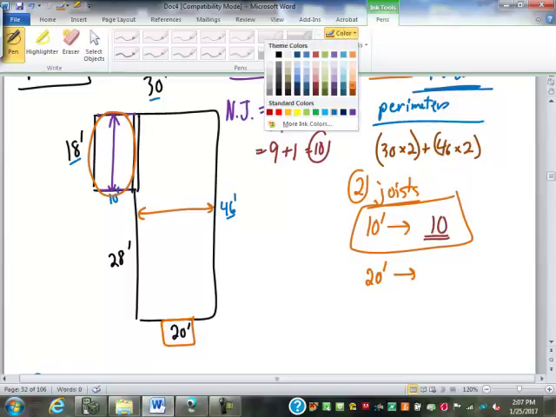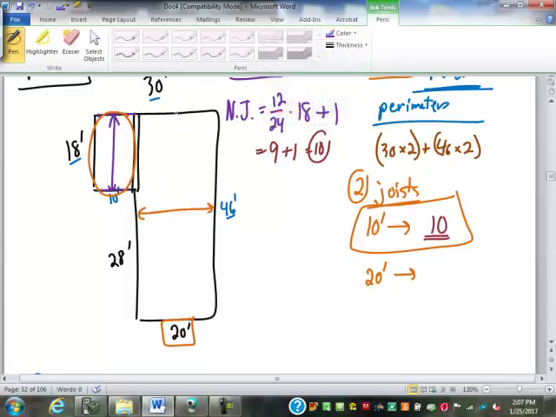So what's our run on those? Somebody said, there it is, 46. So the number of joists we need for that is 12 over 24 times 46. Plus 1, plus 0, or minus 1?